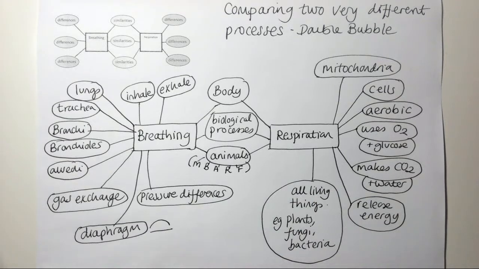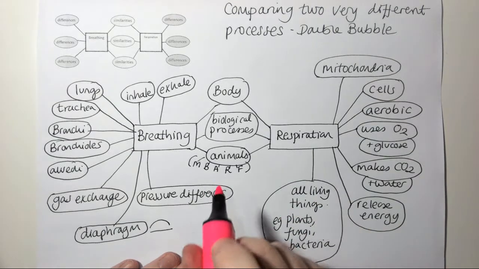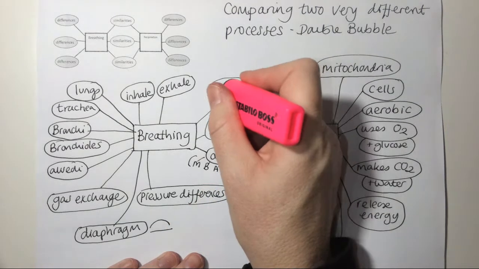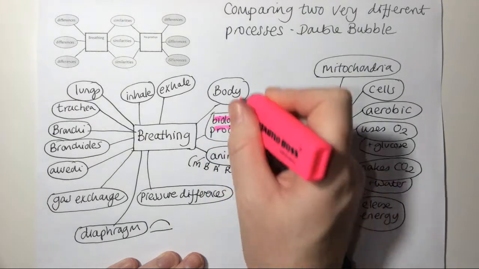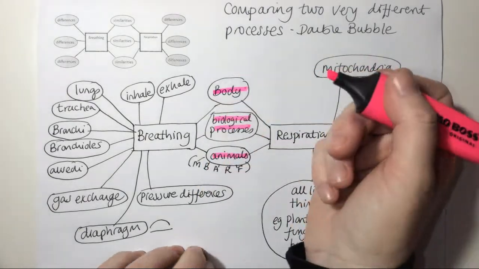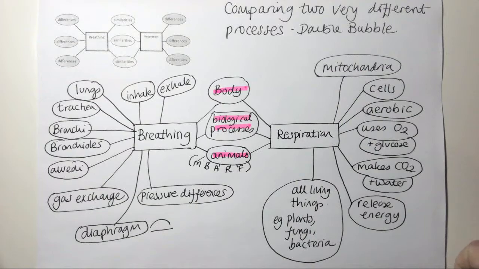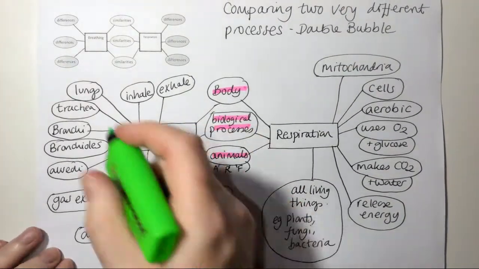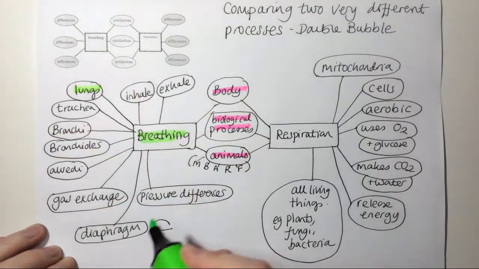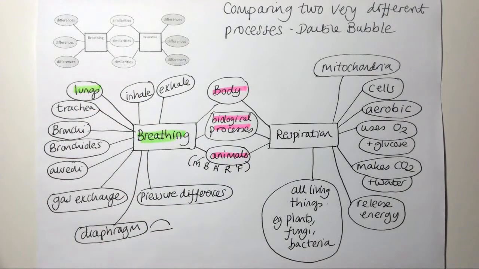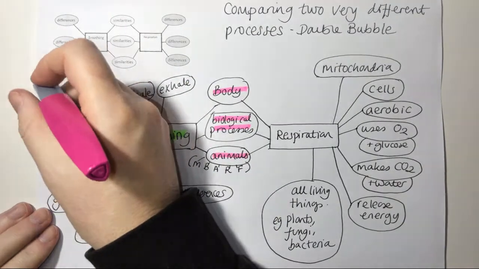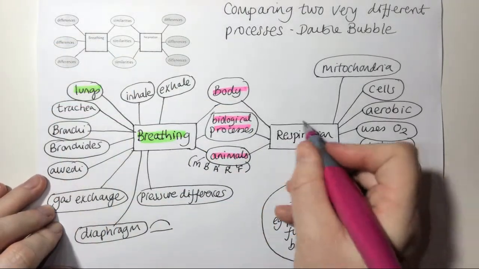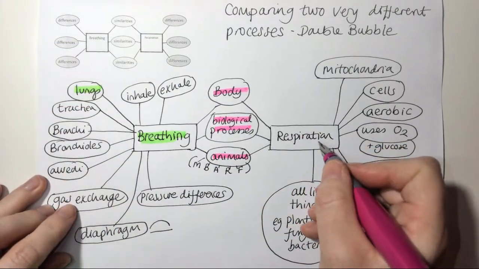So if we were to just summarise a comparison of two very different processes, we've got very few similarities. They are biological processes that happen in the body of animals. That's all that is the same. Breathing, well, this is anything to do with the lungs and that system. The problem is that the name we give to the system is the respiratory system, which is annoying because it's not respiration.